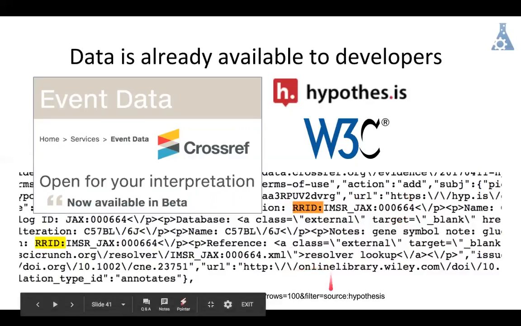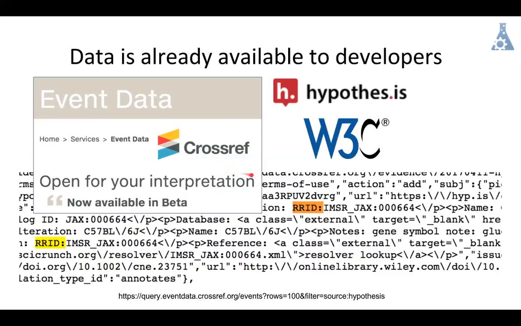Anyone can actually hit this. This is a method of going to that event data database at Crossref. We don't control this data, but we make it available for developers to hit.